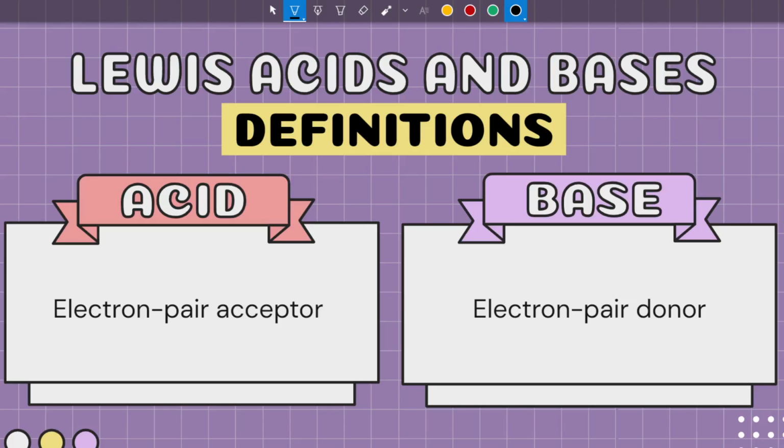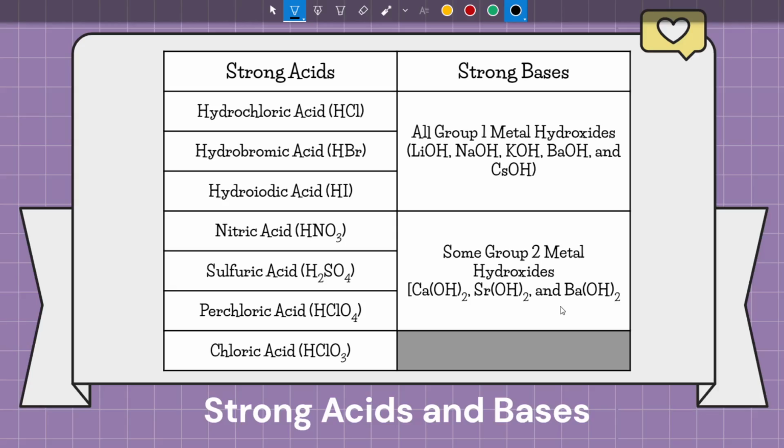So our Lewis acids and bases are essentially the electron pair acceptors and the electron pair donors. And what that means is when you have an acid, what's going to come out of it is a negatively charged anion. When you have a base, it's going to be a positively charged cation.